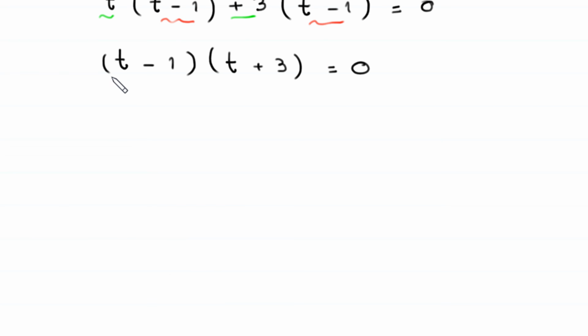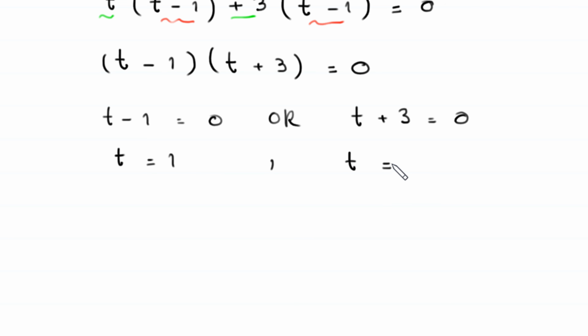Now from here, either this expression t minus 1 is equal to 0, or this expression t plus 3 is equal to 0. From this equation we get the value of t is equal to 1, and from this equation we get the value of t is equal to negative 3.